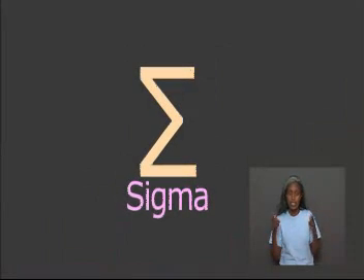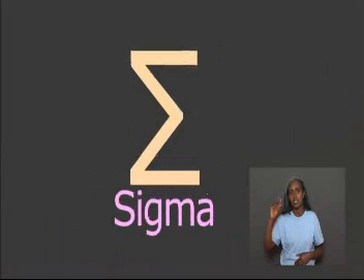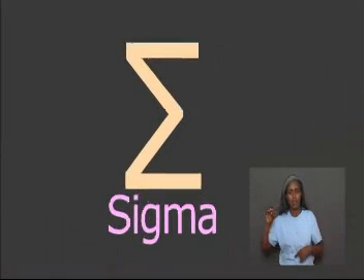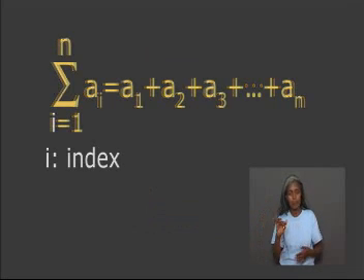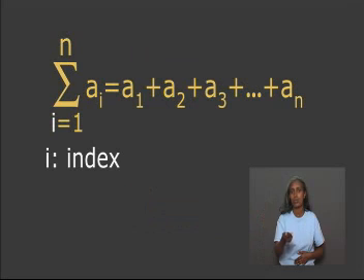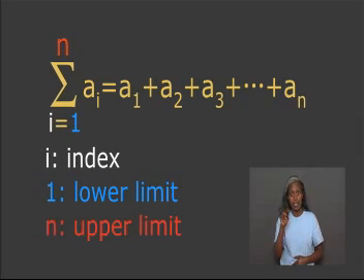The Greek letter sigma is a special notation for sums. In this notation, i is called the index of the summation, or simply the index. 1 is the lower limit and n is the upper limit.